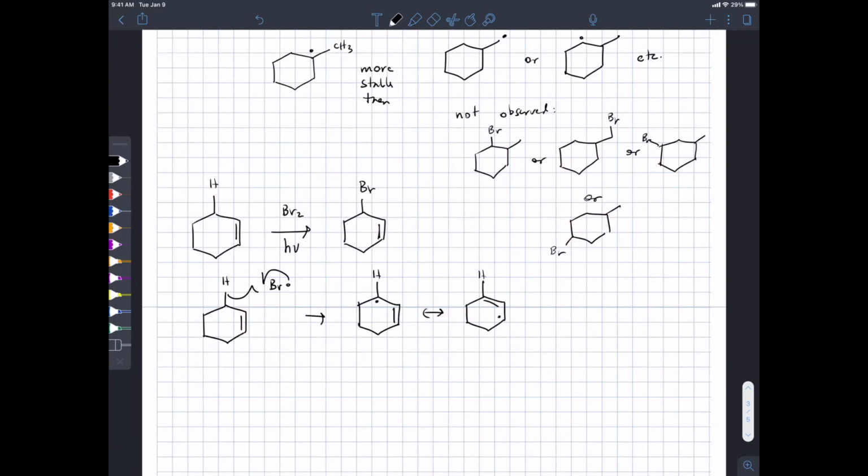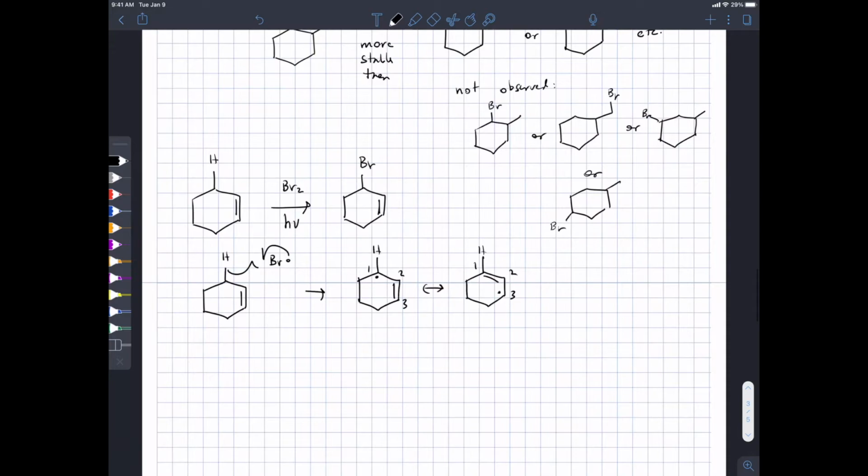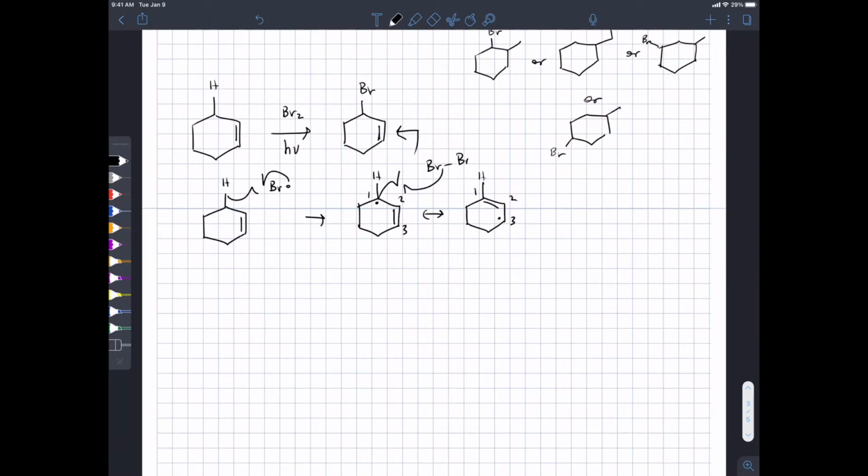Now it just so happens that that allyl radical is symmetrical. Carbon 1 is the same as carbon 3. So either way, you're only going to get one product from the next propagation step. Of course, if they weren't the same, you would have to consider the products from either resonance structure.